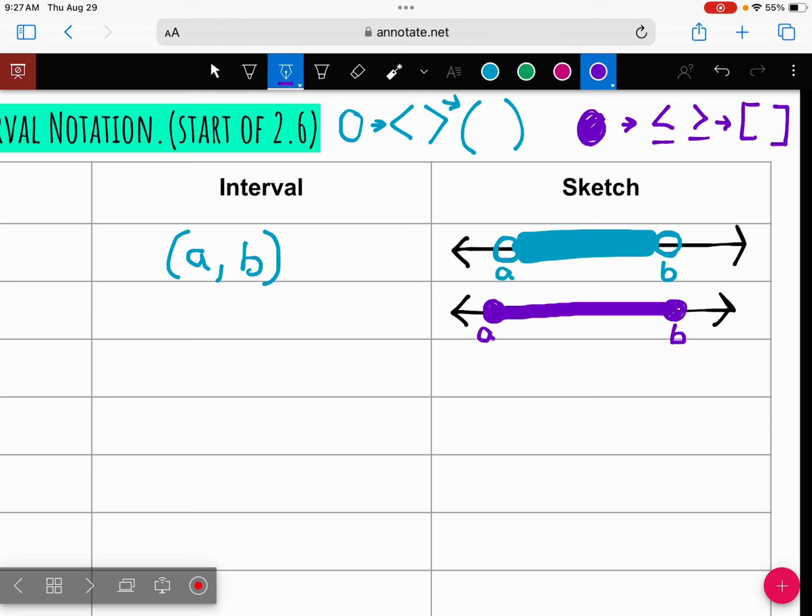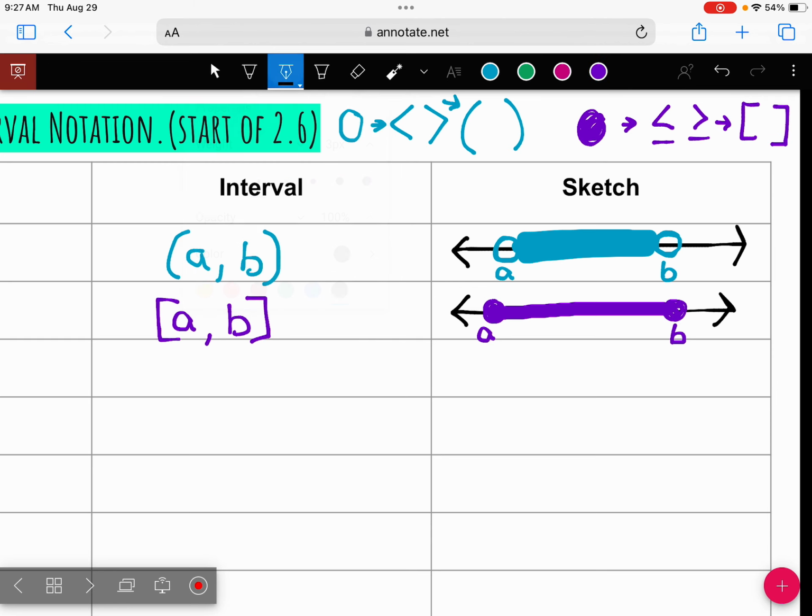We're going to write our interval as A as our smallest, B as our biggest, and since both are closed, they both get square brackets. Our interval always goes smallest on the left, biggest on the right. It's very similar to an ordered pair. Order is important too. Smallest to biggest. Questions on those two?